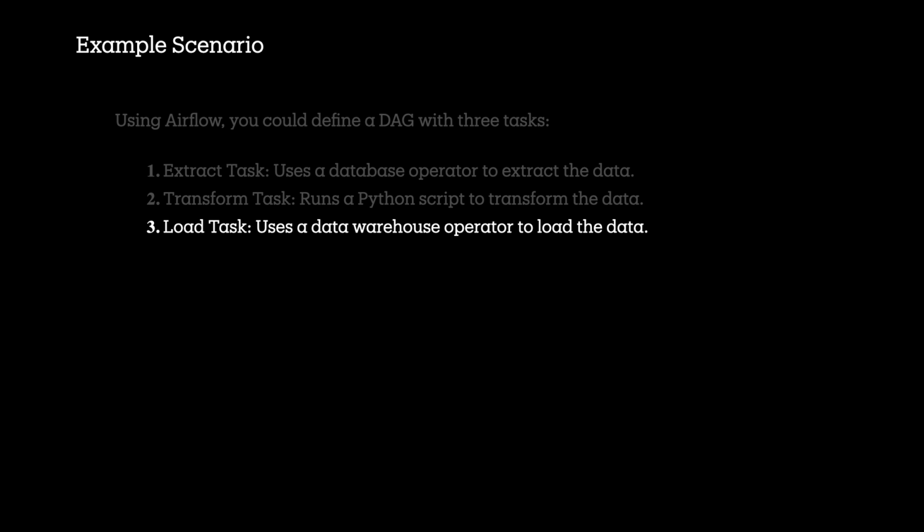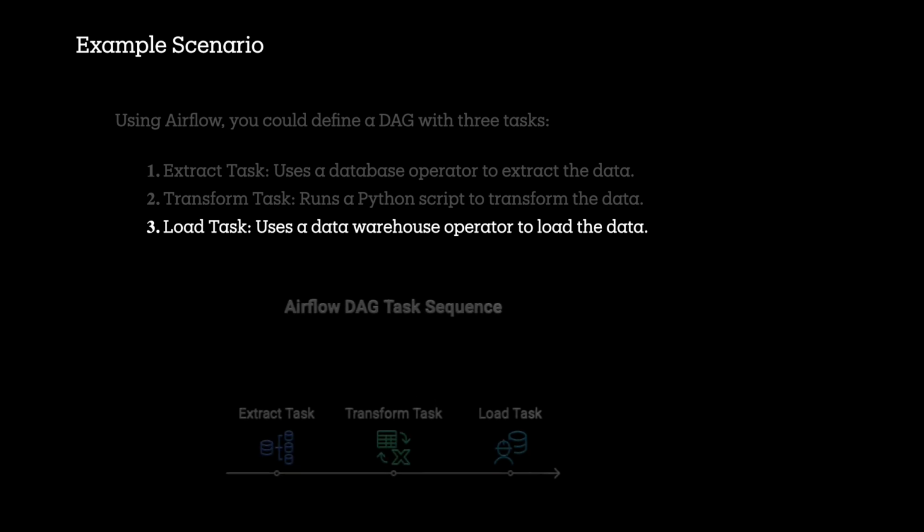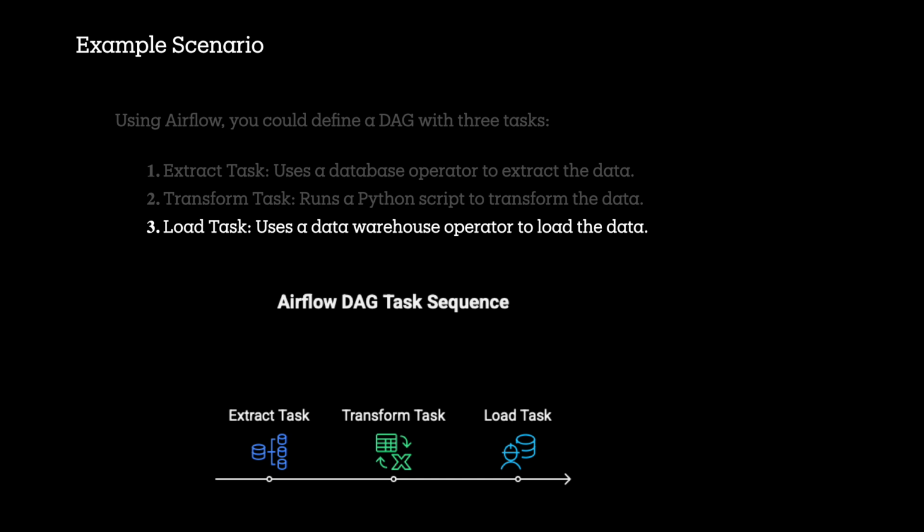And the load task uses a data warehouse operator to load the data into the data warehouse. So that is about tasks and sequence. First is the extraction task, then the transformation task, and then the load task, as shown in this diagram.